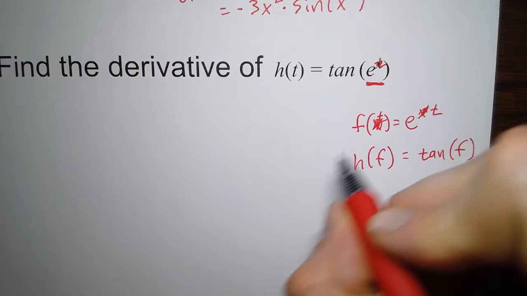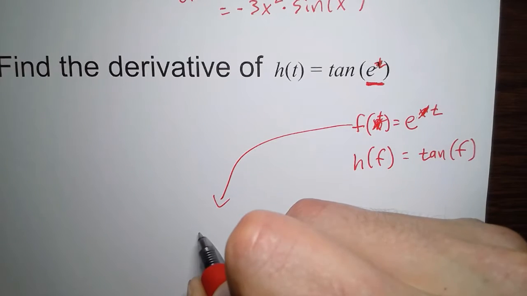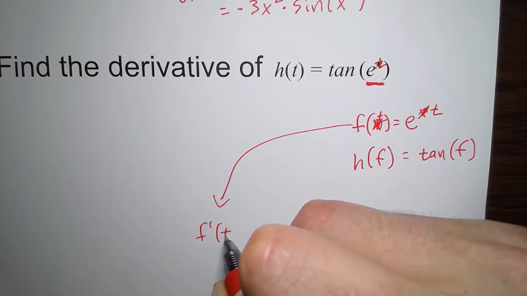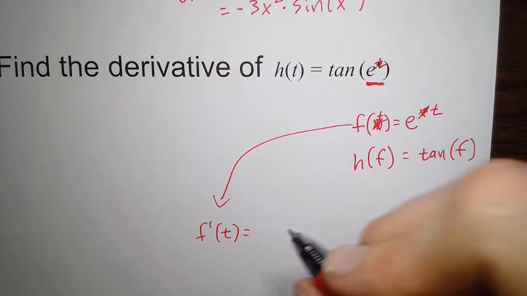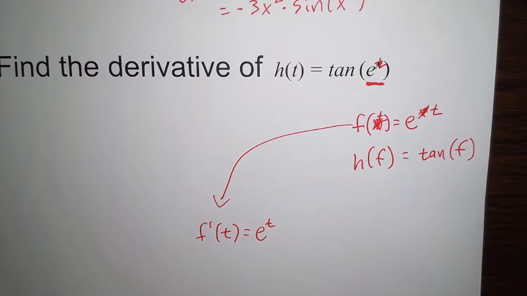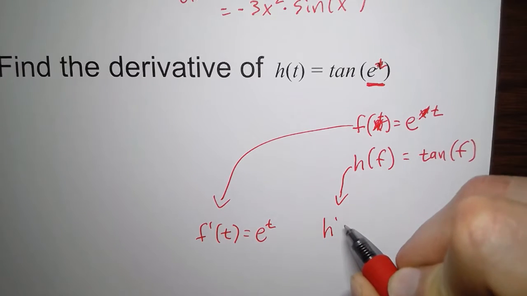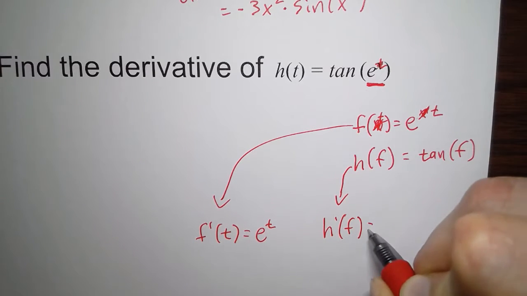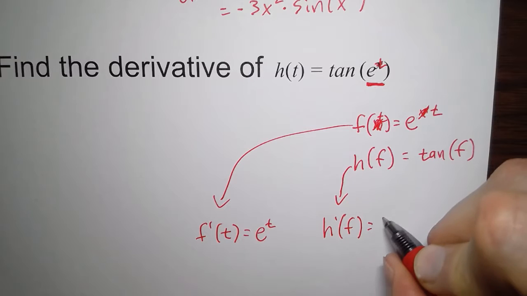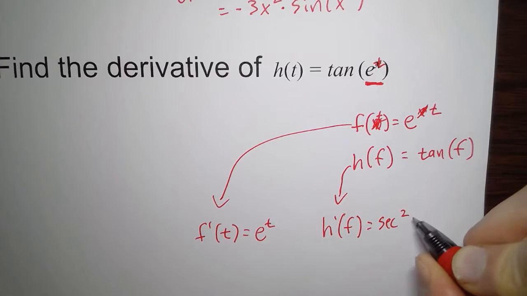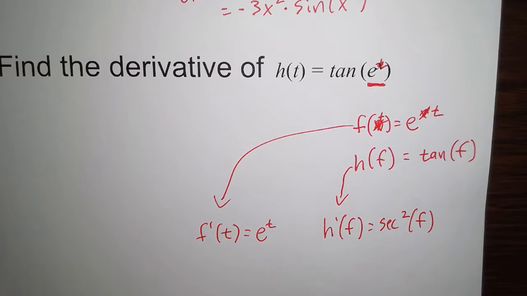So our derivatives over here, we have f prime of t, that equals e to the t. That derivative is itself. And then h prime of f is equal to secant squared of f.